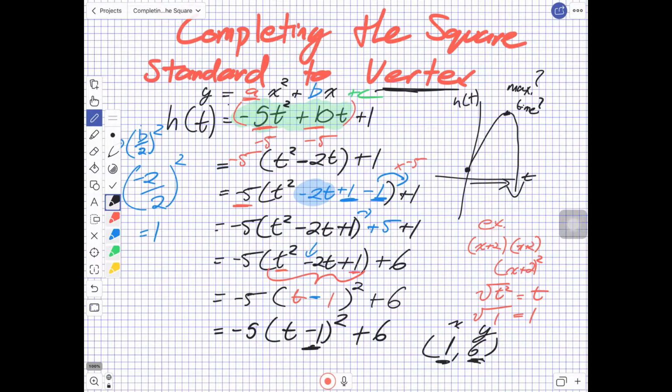Why is it positive 1 now? It's always the opposite of what's in our bracket for the vertex. So then only the one in the bracket, not the 6? Not the 6, yeah, not the 6. So let's say you were using that formula to find the vertex form. Remember we talked about the formula? You would reverse it when you put it in the brackets.